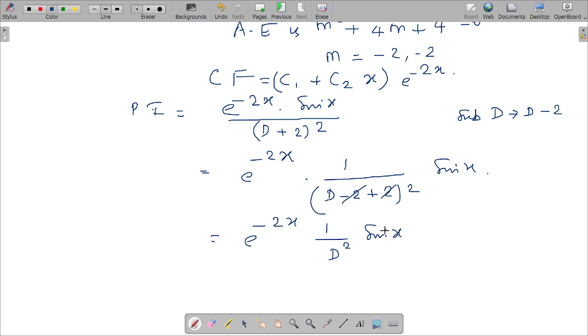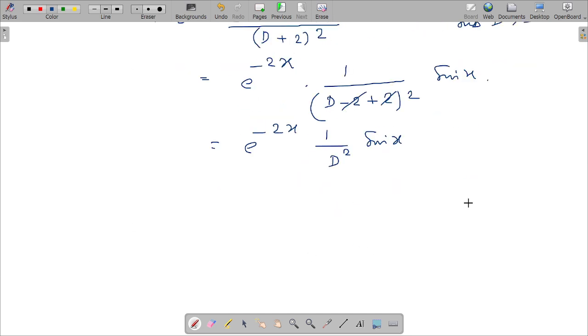See, 1 by d means integrate with respect to x one time. 1 by d square means integrate with respect to x two times. Otherwise we can write this as e power minus 2x, 1 by d, and then another 1 by d, that 1 by d sin x.